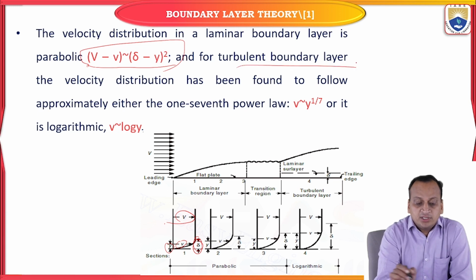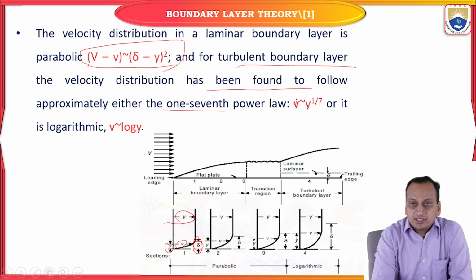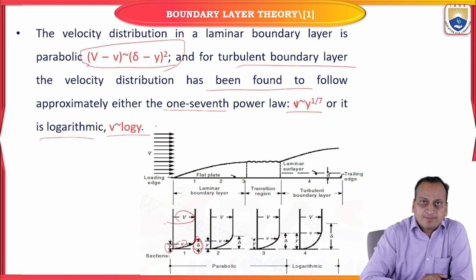And for turbulent boundary layer, it follows the 1/7 power law. The velocity of the retarded fluid is approximately equal to y power 1/7, or it is logarithmic, or it follows v approximately equals log of y.